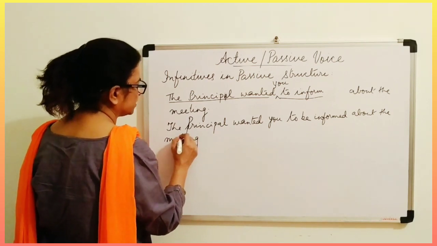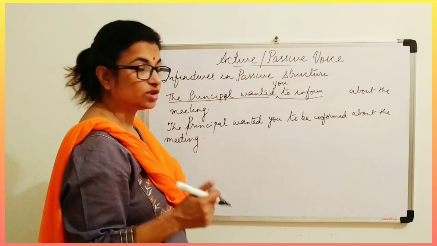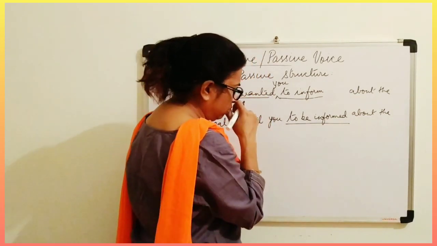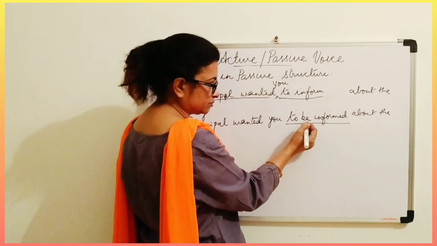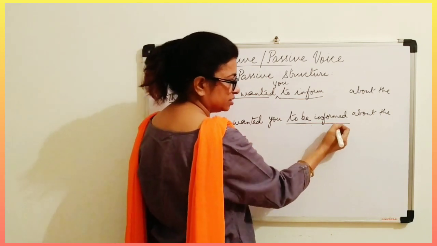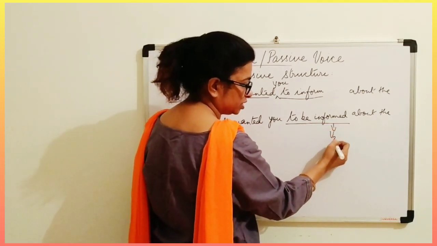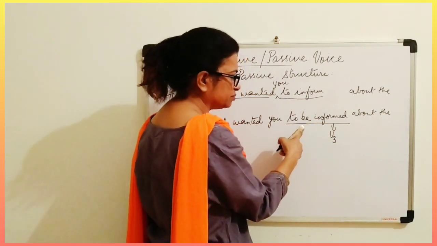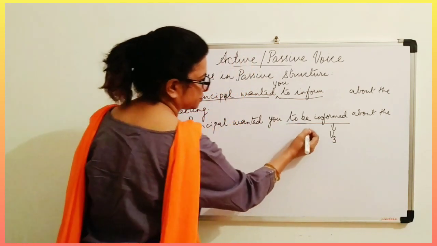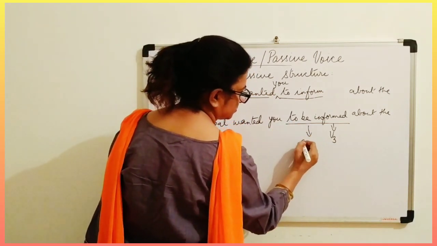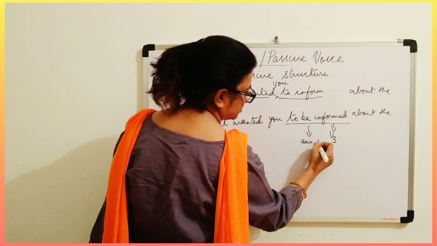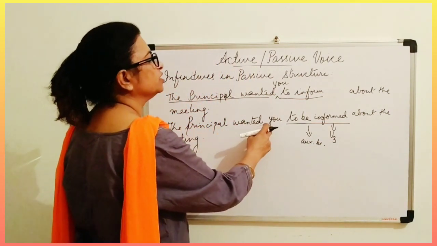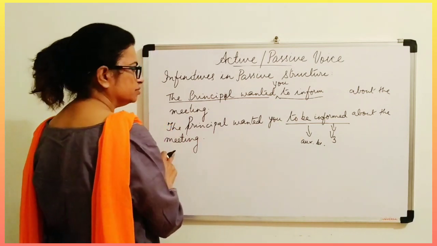Now here what transformation, what change is there? We have inserted be, and this is V3, the third form of the word informed. We are inserting the auxiliary be. So the principal wanted you to be informed about the meeting.